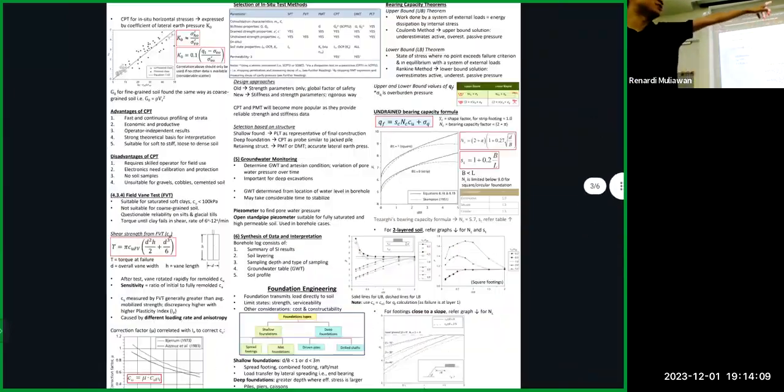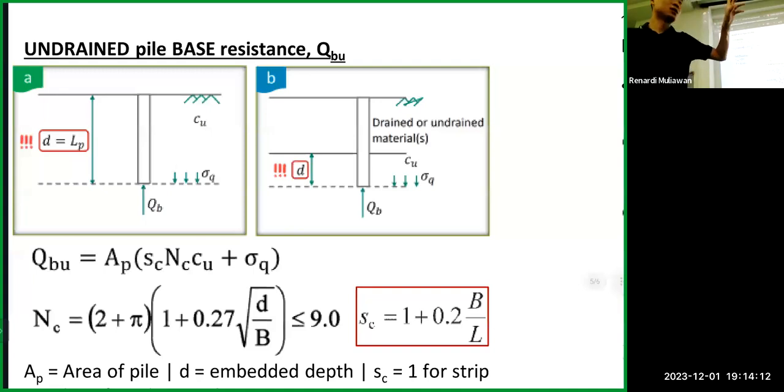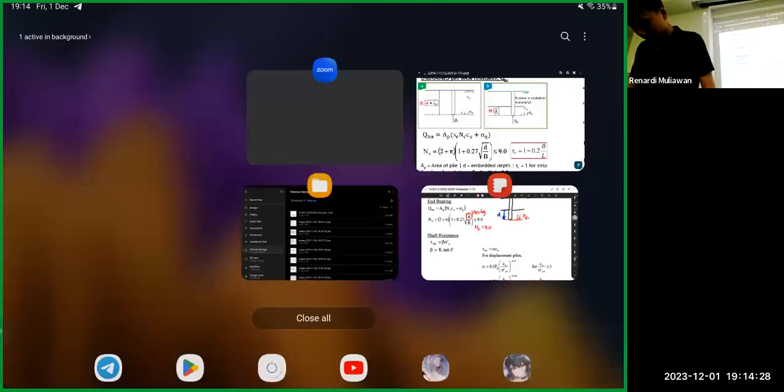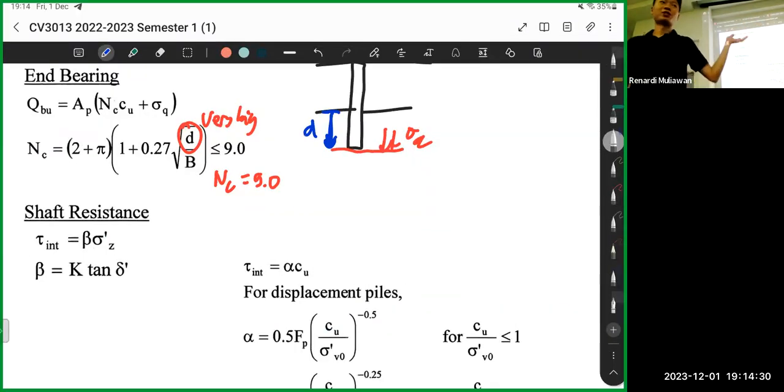For undrained pile base resistance, if it's only one soil layer, your D is the pile length. But if there are two layers, your D is just from the top of the second layer to the pile bottom. So that's D. But anyways, we're assuming NC equals 9, so it doesn't really matter for now.